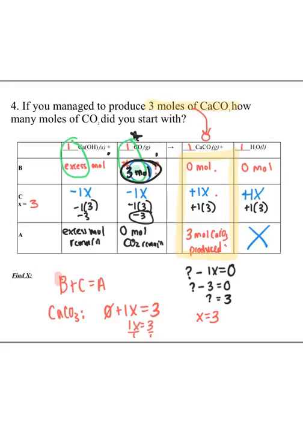So I can answer this question backwards by using the given information of what was produced. I know that if I made 3 moles of CaCO3, I must have started with 3 moles of CO2. Why? Well, when I worked backwards through the stoichiometry, that's what it told me for this box right here. There's my final answer.